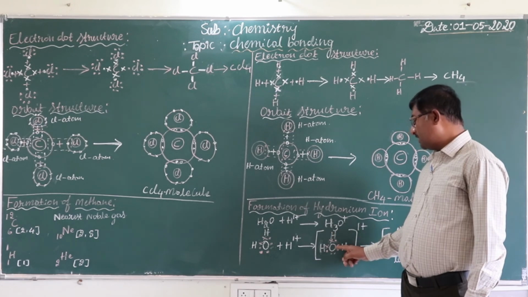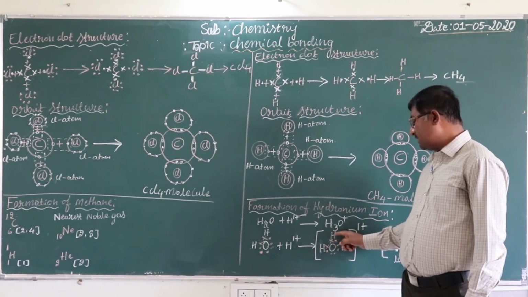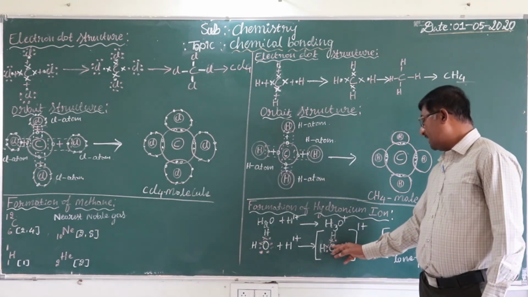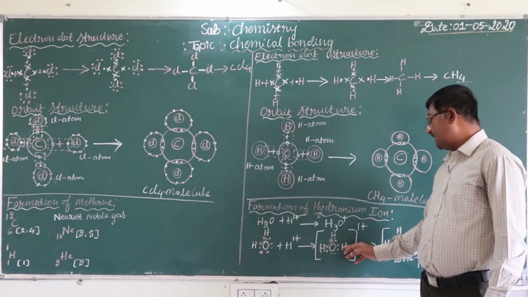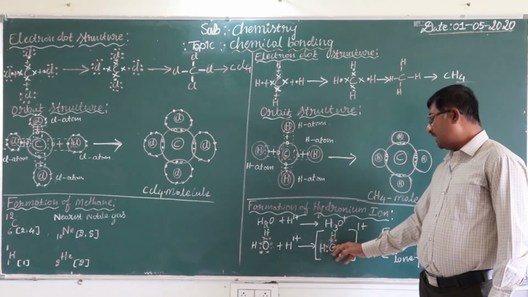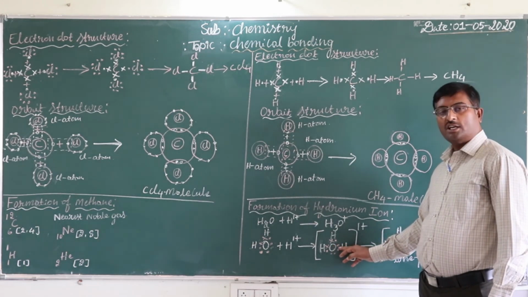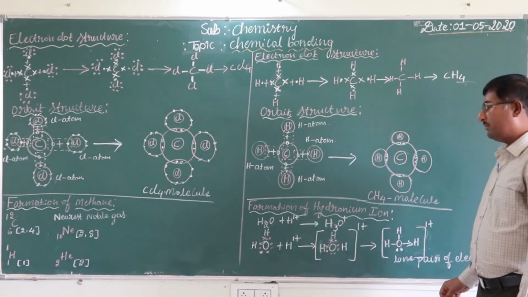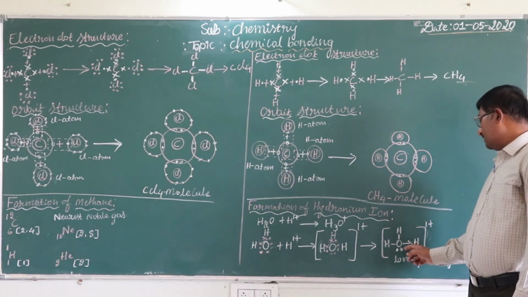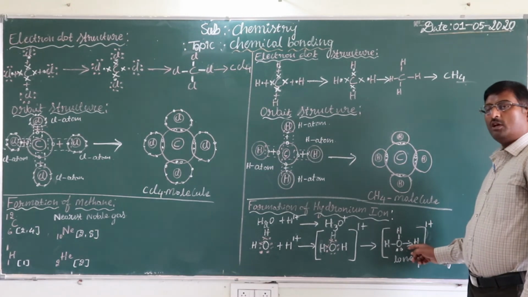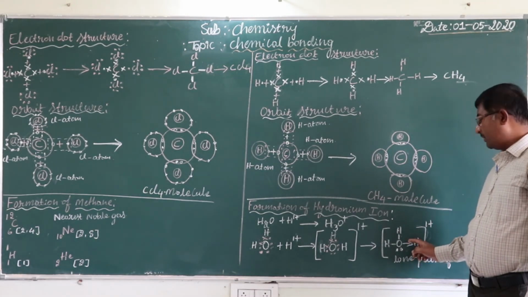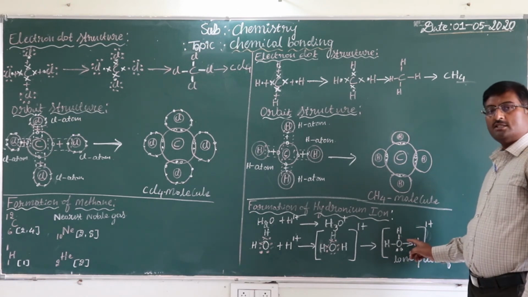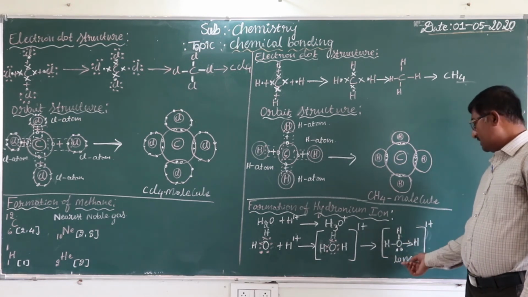But here both electrons are given by oxygen, and hydrogen does not give any electron. Such bonding is called a coordinate bond. That's why I am writing an arrow mark here. This arrow mark indicates a coordinate bond. These two bonds are covalent bonds, and this is a coordinate bond.